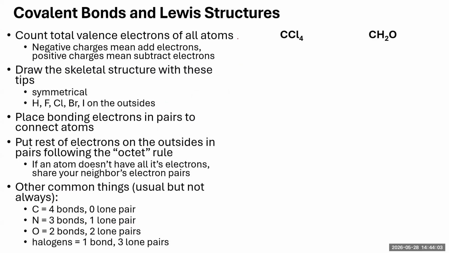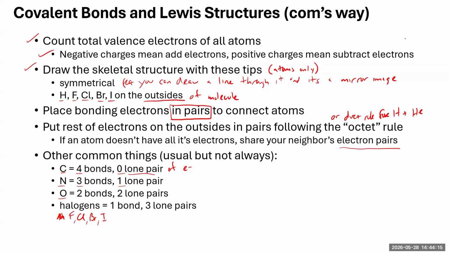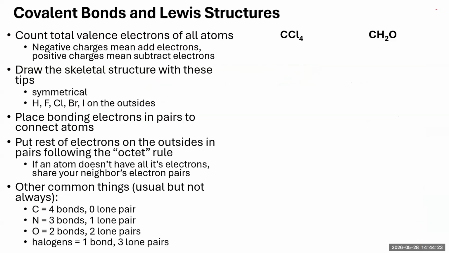All right, let's do these. Count total valence electrons of all atoms. So we have a carbon and four chlorine.